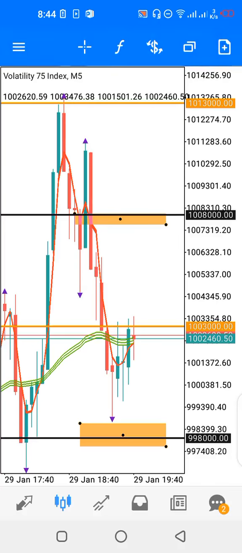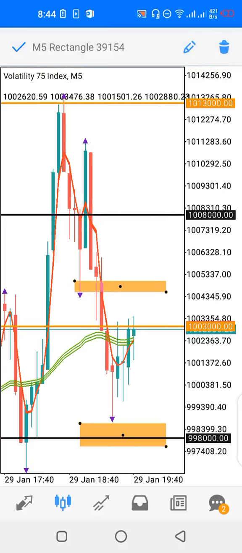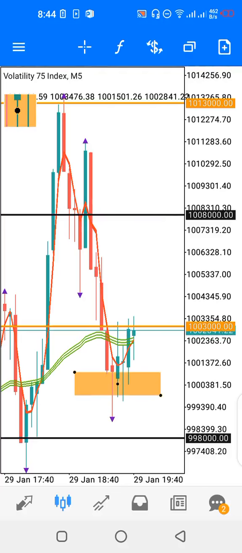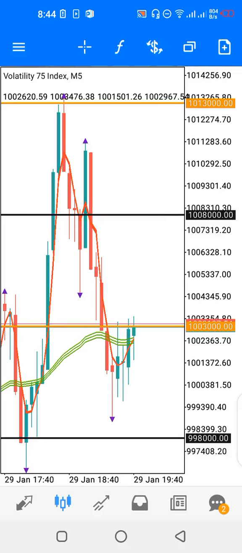I call it the ultra evasive Grail Edge strategy.